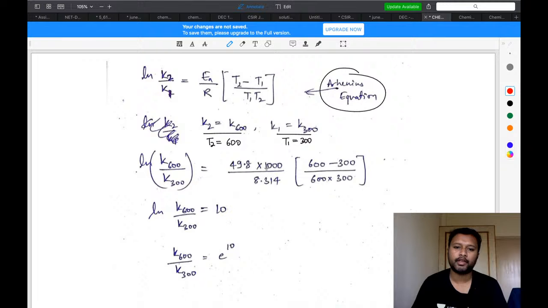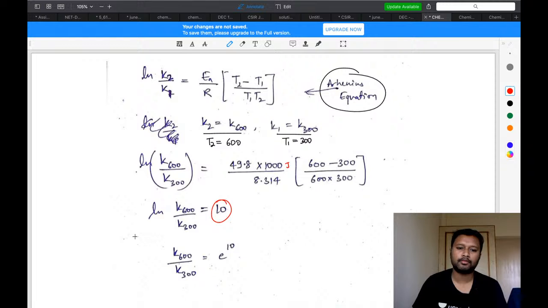So 49.8 into 10 to the power 3 converts this into joules. Then the R value was given in the question, that you have to take it as 8.3, and in the bracket it's going to be T2 minus T1 is 300 divided by 600 into 300. Solve everything, and you will get just 10 here.